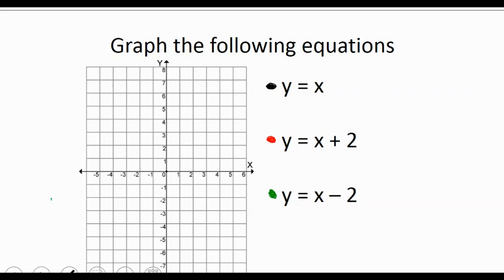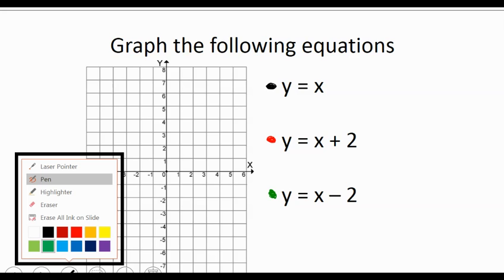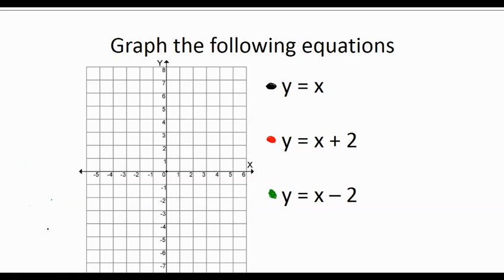So y equals x. I can't tell you how often I see people graph this wrong because they're overthinking it. First thing you want to do is, what's the y-intercept? Well, what's being added or subtracted to the x? Nothing. So it's the same idea as plus 0. So my y-intercept is 0.